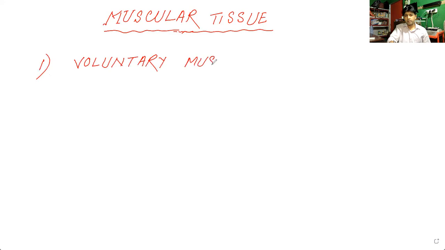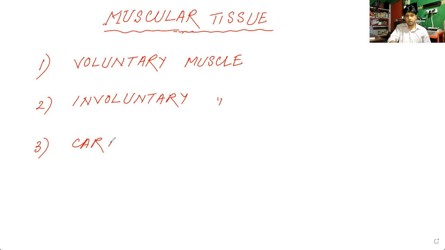You can write voluntary muscle or voluntary muscular tissue. Secondly, the involuntary muscle. And thirdly, the cardiac muscle. So these 3 are the main types of muscular tissue. One by one we will discuss today.